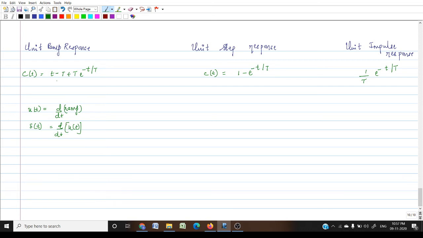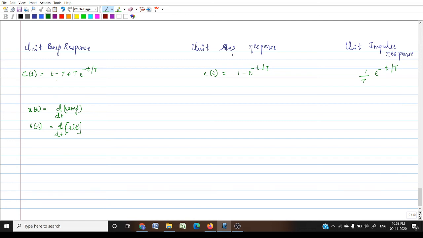So we know this relation. When we differentiate the ramp function, we get the unit step function, and when we differentiate the unit step, we get the impulse function. A similar relation can be observed in the responses also.